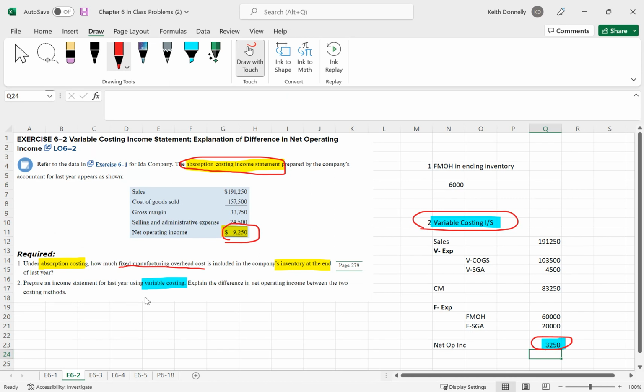Well, the idea here is that the difference in the net operating income between our variable and absorption costing, how we can explain this, it really deals with the deferral of fixed manufacturing overhead. In other words, this deferral is going to happen under the absorption costing method.